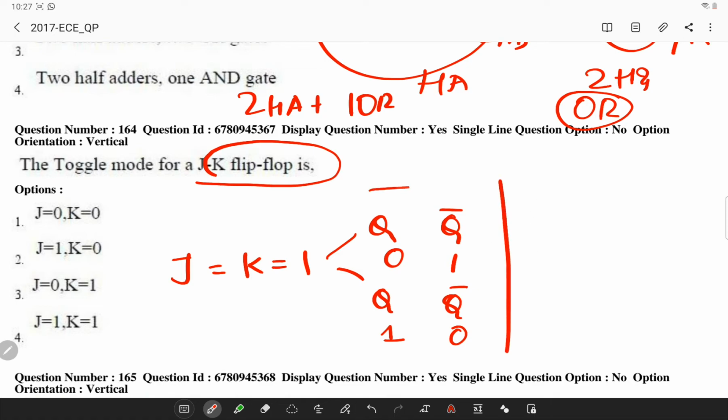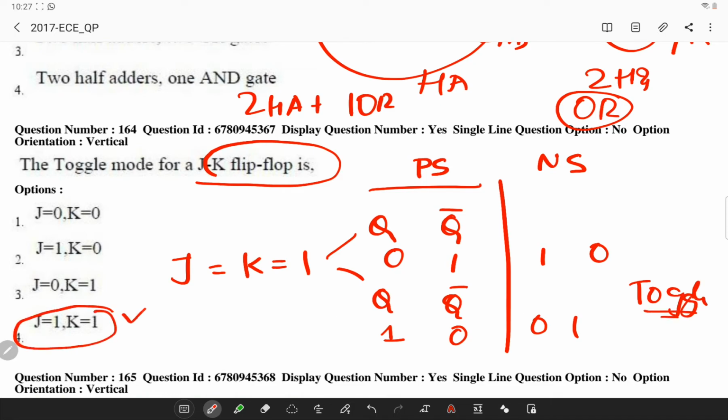Remember, what I am telling is the present state, and the next state will be toggling between 1 and 0, and in this case it will be 0 and 1. So the concept of toggle arises only at this particular condition when J is equal to K is equal to 1.